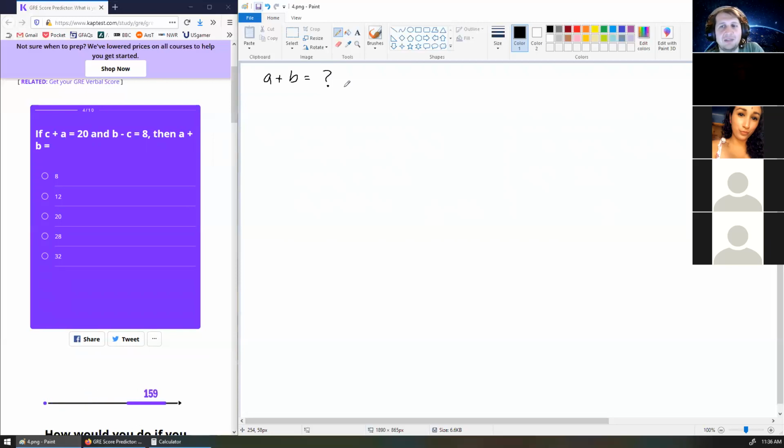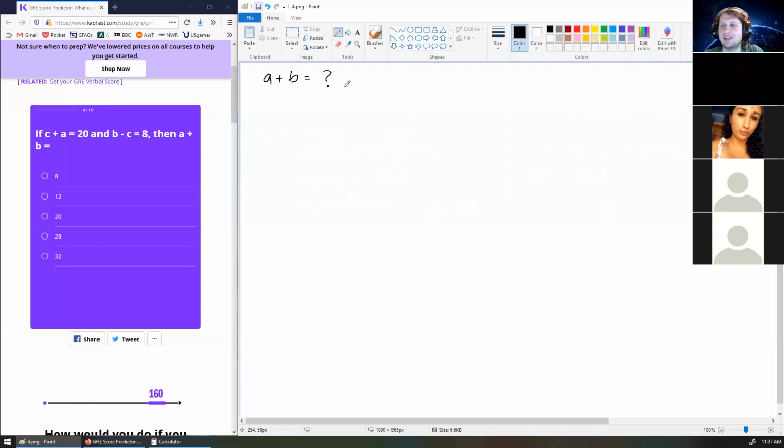So who thinks they know how to solve this one? We were just talking a little bit about the idea of variable substitution, right? So we want to isolate A and B from the other equations.